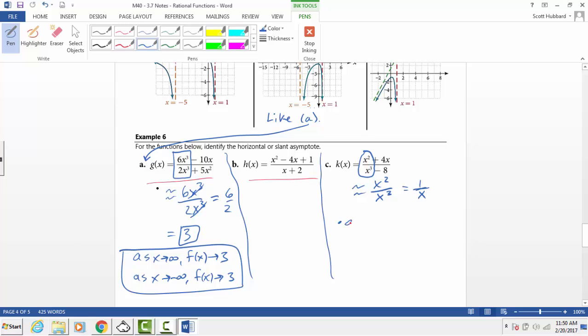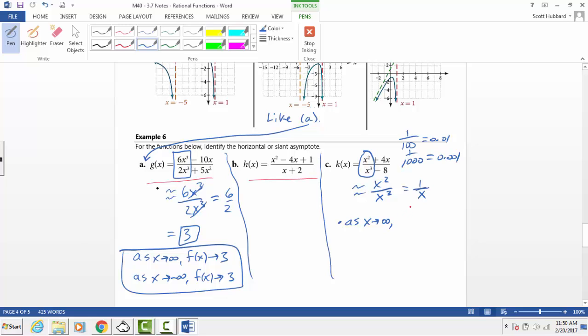And so all I care about then is that if I'm taking as x goes to infinity, what happens to this graph? Well, let x get really big. If I do 1 divided by some big number, okay, that's 0.01, and if I do 1 divided by a bigger number, it's 0.001.